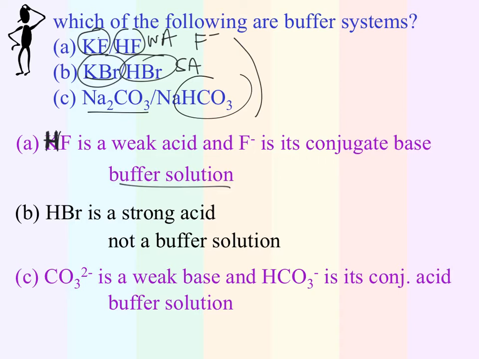Okay, so understand we need a weak base or a weak acid, and we need a salt with a common ion in order to establish the fact that we have a buffered solution. In the case of having HBr, which is a strong acid, obviously that's never going to be a buffered situation. And so these are just the basics of what buffered systems actually are.